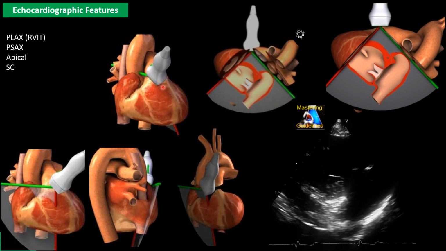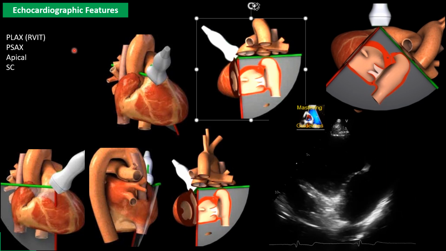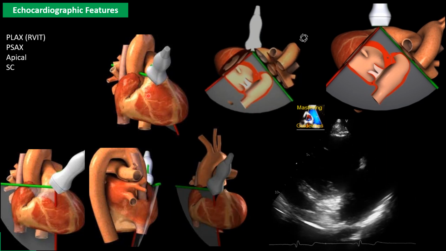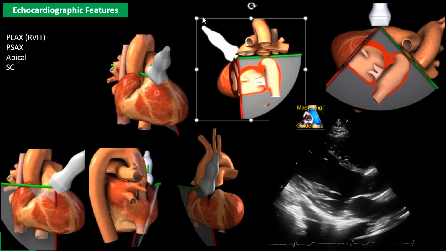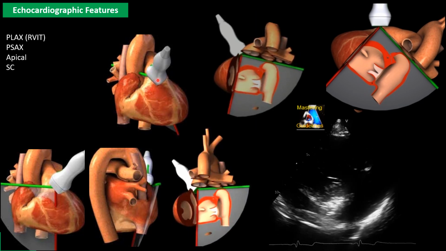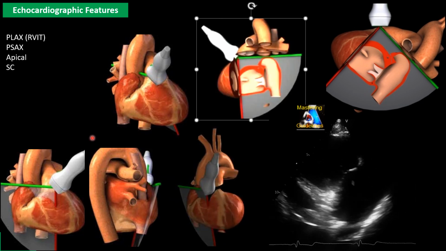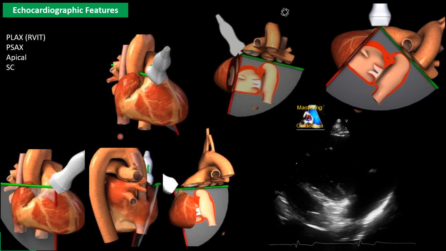For the RVIT view, as you know, at the parasternal position, our probe marker is between 10 and 11 o'clock and perpendicular to the chest at the left parasternal. Then we fan the tip of the probe toward the right hip of the patient, or our left side.